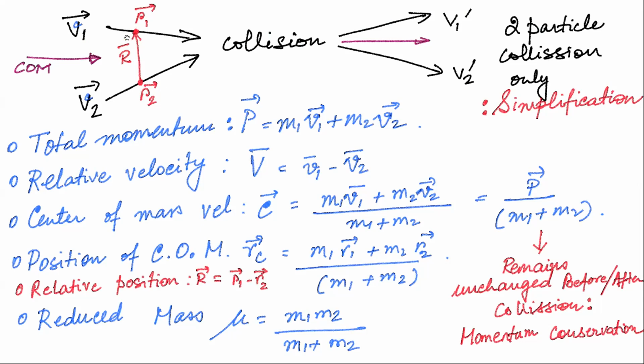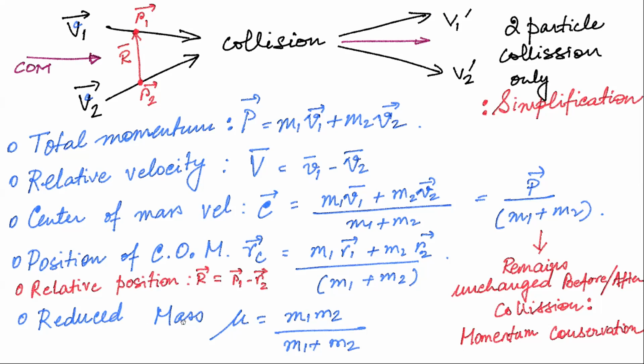It's going from r2 towards r1. Yes, R equal to r1 minus r2 means the vector shall point from r2 towards r1. So the direction of this vector is correct.